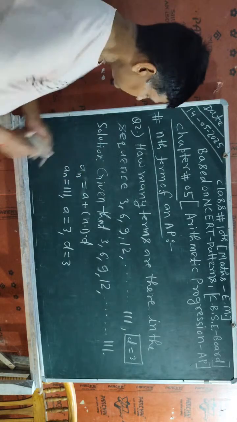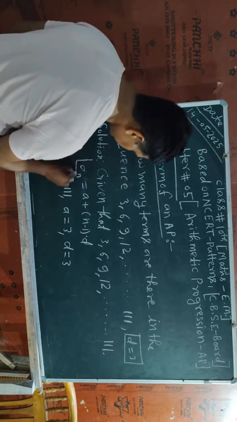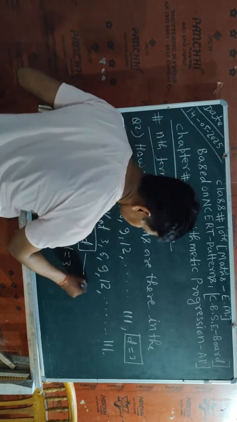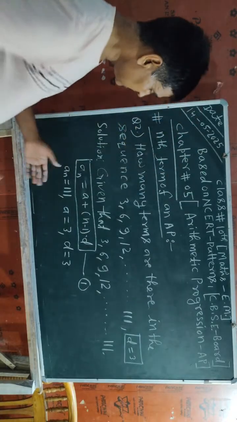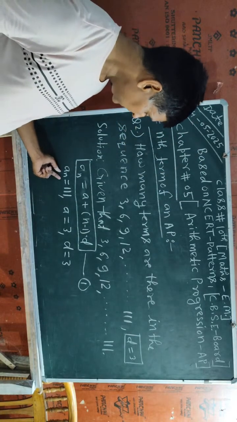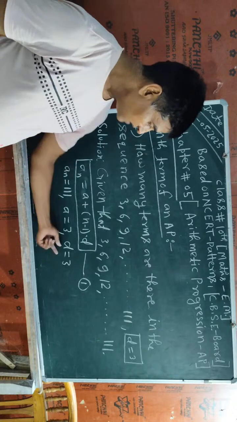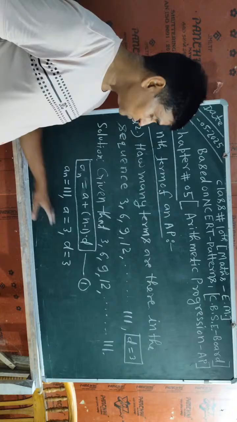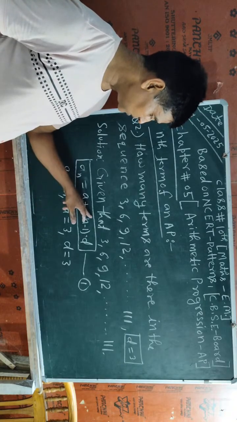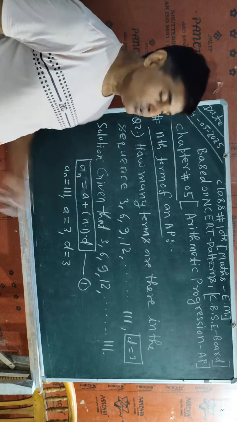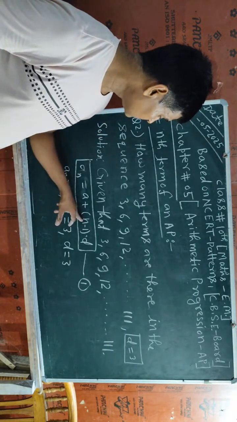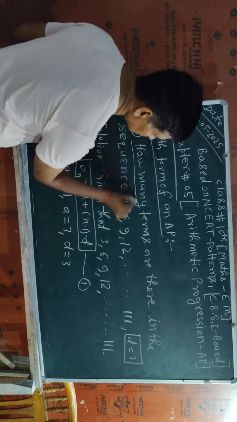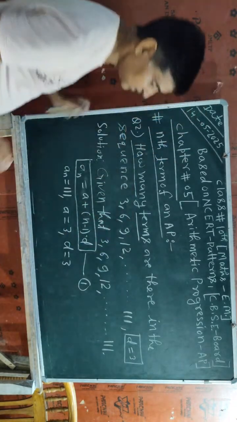So here I will say this is formula number 1, and I will put the values of an, a, and d in equation number 1, and after simplifying, I will get the value of n, and that value of n is demanded in the question. Because he is asking how many terms are there.